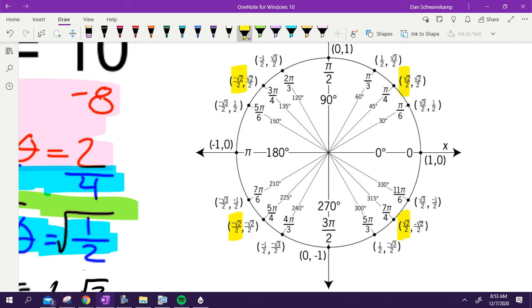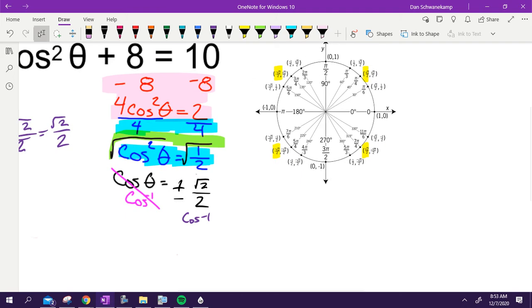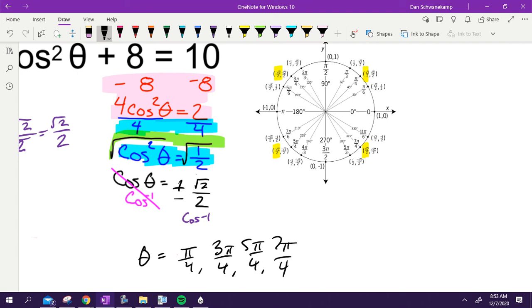So it is all of those answers. I don't care if it's positive or negative, because it was plus or minus. Both answers, or all 4 of those answers work. My answer to that question is pi over 4, 3 pi over 4, 5 pi over 4, and 7 pi over 4. Questions on how I set that up?